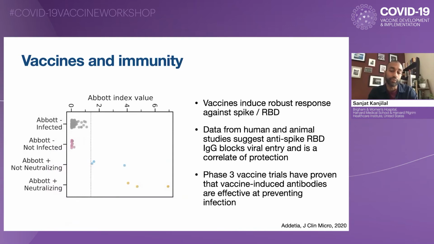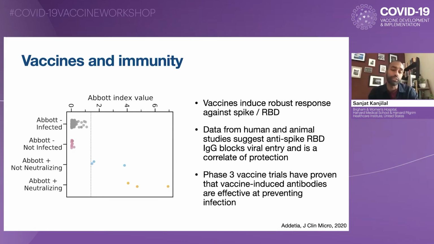And this is a study that was published in the Journal of Clinical Microbiology that looked at a group of 120 people who boarded a ship in which an outbreak occurred. And they had pre-boarding serologies to compare to post-outbreak serologies. And you can see that those who had pre-existing neutralizing antibodies to the receptor binding domain were less likely to be infected than those who did not have those pre-existing antibodies.